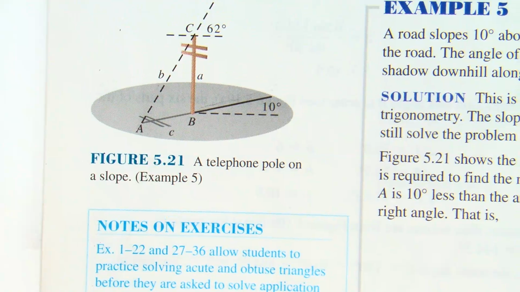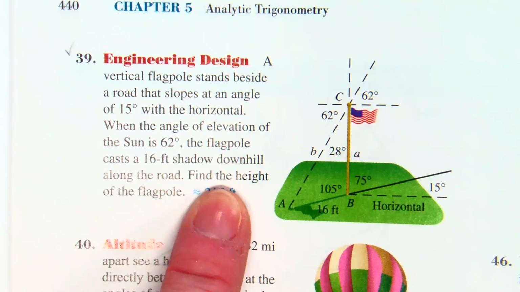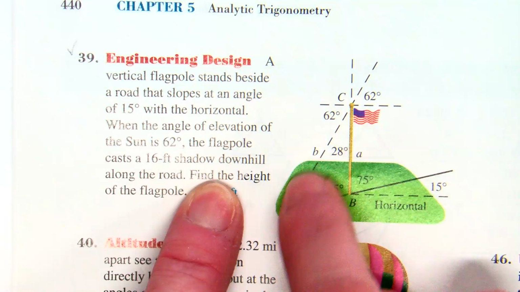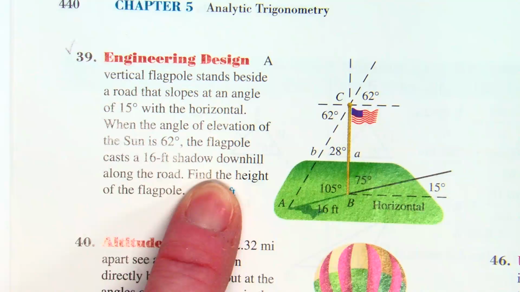Here's 39. They have the picture of the flagpole. They have a lot of numbers filled in here, so see what you can do with that, because I think they have almost everything filled in for you. The triangle you're looking at is this triangle off to the left. It really should be a pretty doable problem once you look at the picture. The better part is there's even more labels on it.